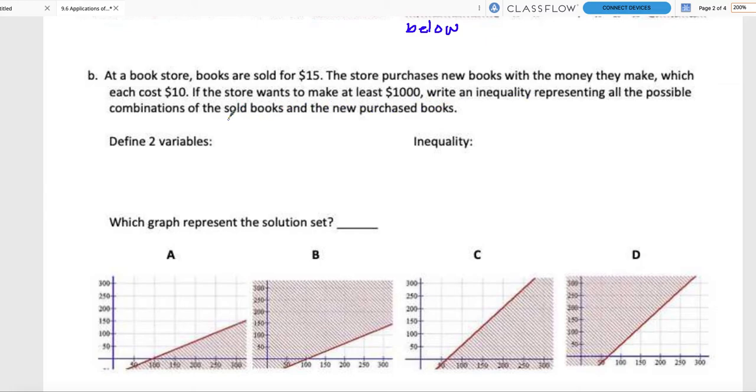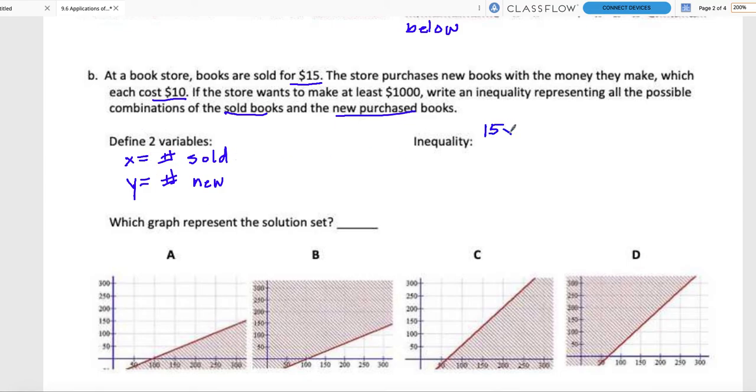Okay, well, I'm going to answer the question, and I need a combination of sold books and new books. So x is going to be the number of books sold. And y is going to be the number that are new. I've got a cost here and I've got a cost here, so these are going to be my rates of change. And sold books are $15.